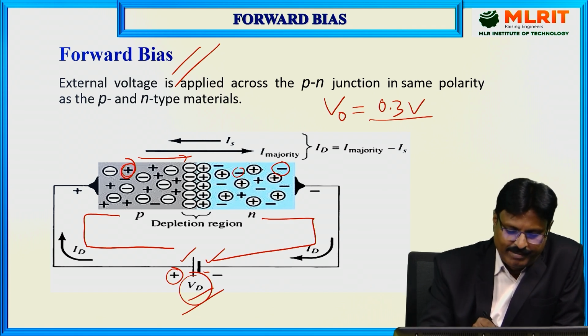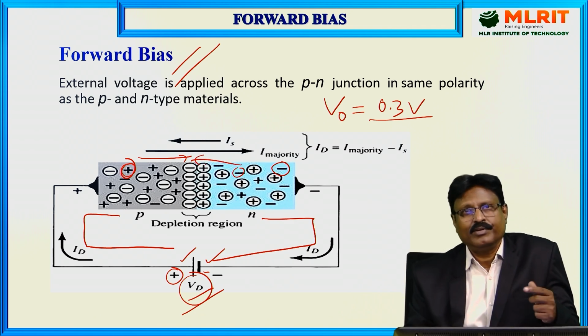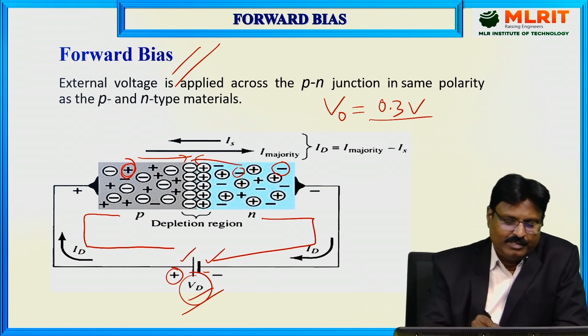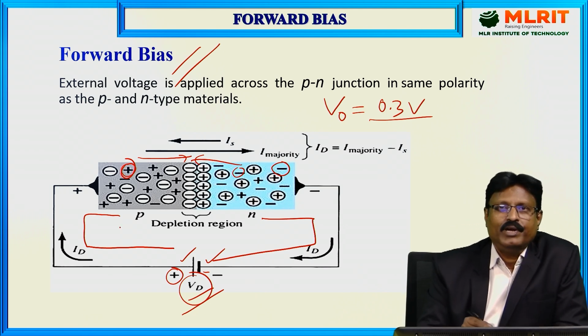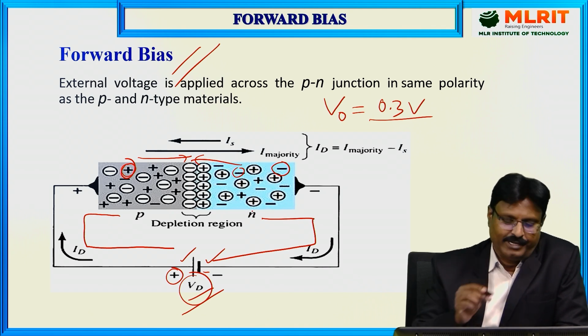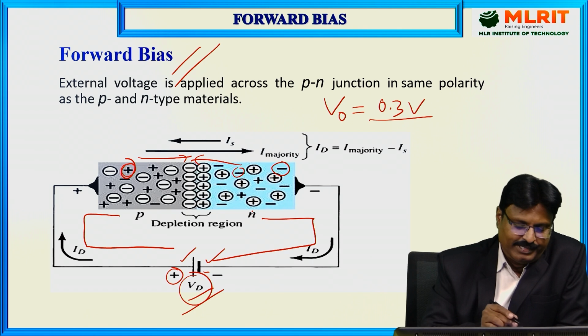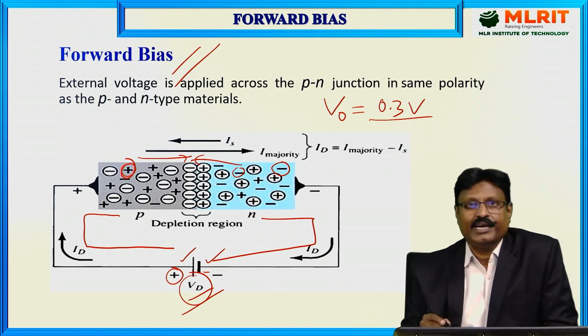So they won't move out of the device, they will move towards the junction. The movement of holes must be from the P side to the N side, and the movement of electrons in the N region must be from the N side to the P side. But what happened inside the device under zero bias? A potential barrier is created.